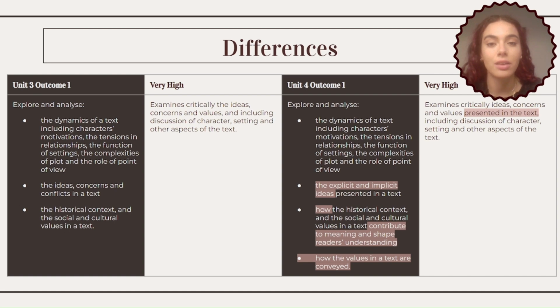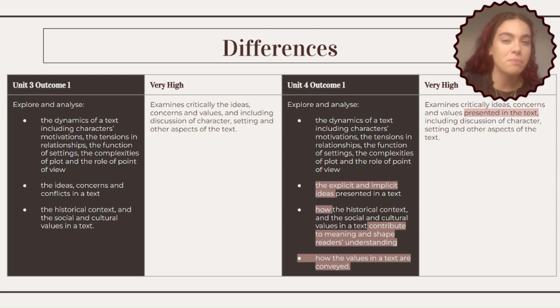These parts are the additional pieces of information that exist in Unit 4 but don't exist in Unit 3, okay? So let's go from the SAC descriptors first. In Unit 3, we've just got the ideas, concerns, and conflicts in a text. In Unit 4, we've got the explicit and implicit ideas presented in a text. What we're looking at when we hear that is the ideas that the text is relaying to us as the most obvious, the things that are pretty clear for all to see, and then the ones that are implied.